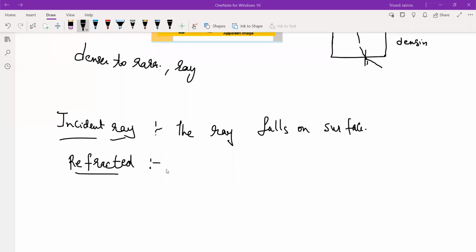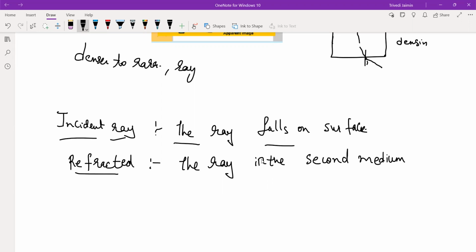A ray changes its direction from the first medium to the second medium. It falls on the surface, and then a ray which is passing or traveling in the second medium, that is refracted. Yes, sir. In the second medium, that is refracted ray.